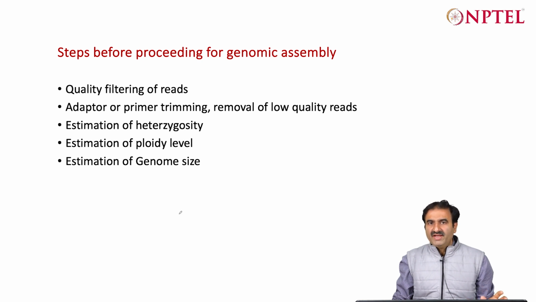Before starting a genome project, either plant, animal, or any other organism, you should first take ethical approval from your institute ethics committee or some authorized body, because in the case of animals you may be using invasive methods, like extracting blood or some tissue from the animal or bird or any mammal.